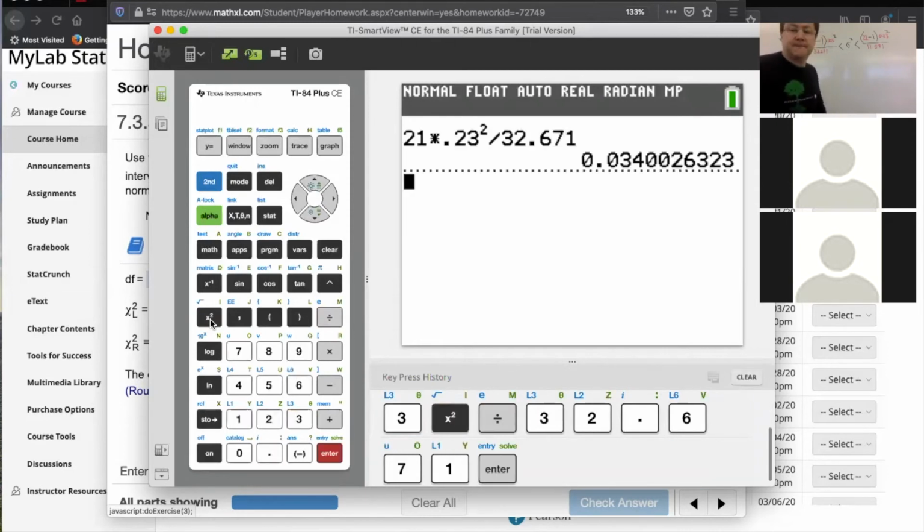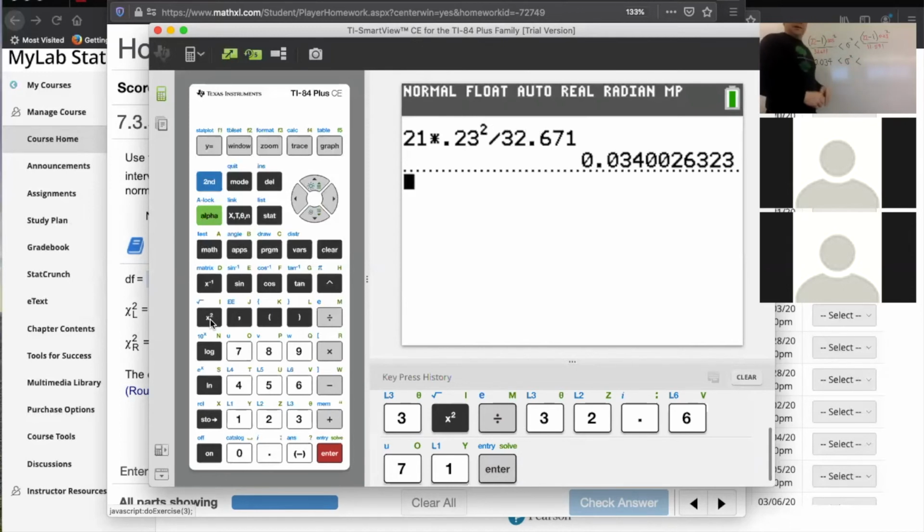And what I end up with is 0.034 with a bunch of zeros after it. Now notice, technically this is a confidence interval for the variance, not the standard deviation. But we'll handle that in the next step.